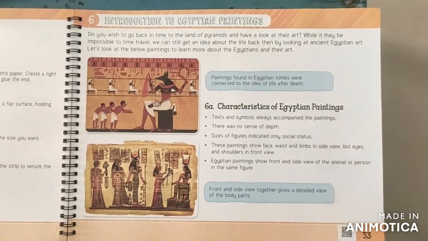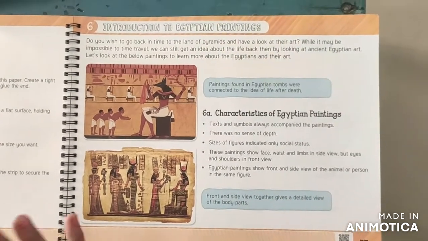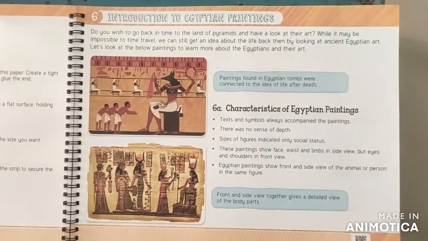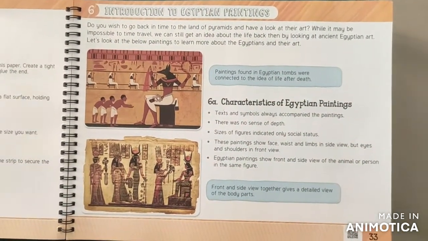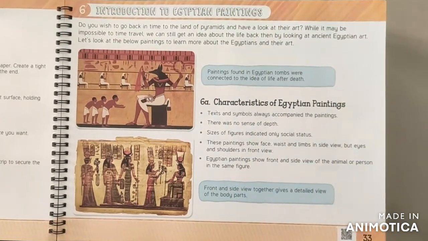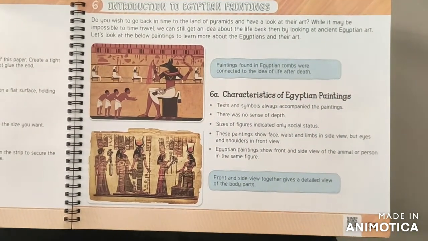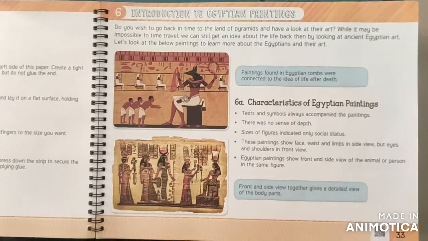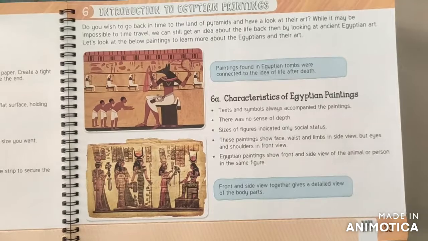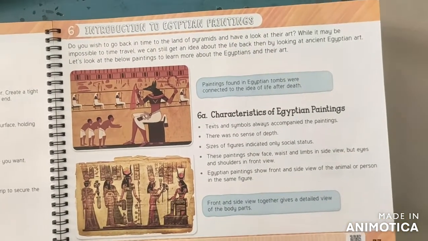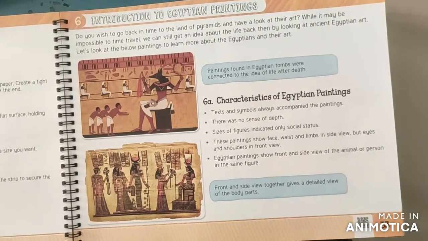We can understand what type of culture was happening at that time in the country of Egypt, through these pyramids and their paintings too. Some articles are also with us. Here we have only pictures. Okay, this one picture and a second picture, two pictures we have here. So let's look at these paintings and what we learned about Egyptians and their art.